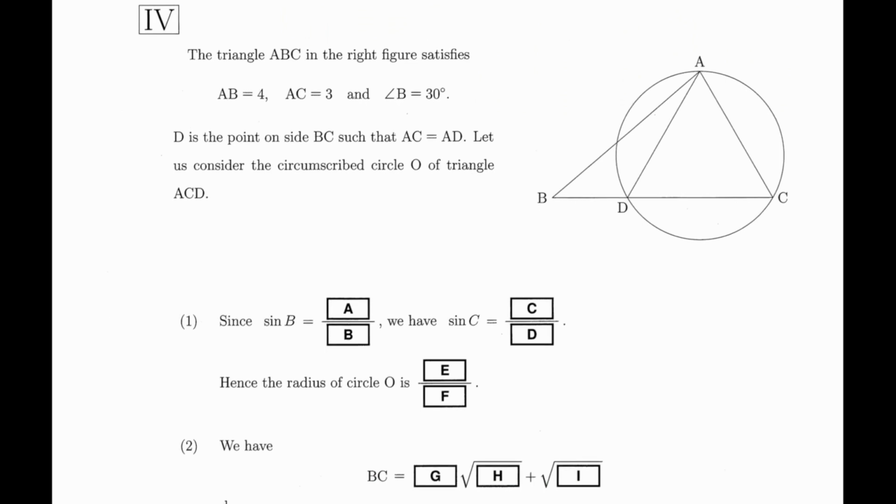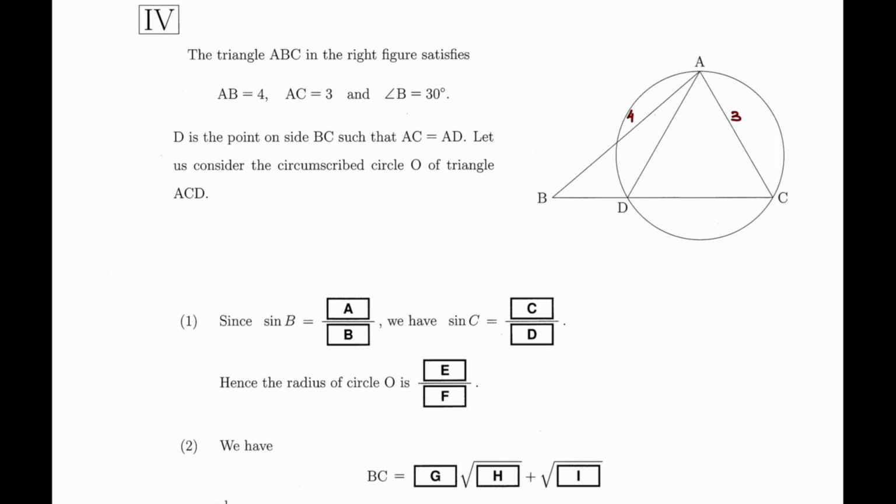In this question, we have triangle ABC, as you can see from this diagram. This is triangle ABC, where AB is equal to 4. I will write down the information first. AB is 4, and then AC is equal to 3.